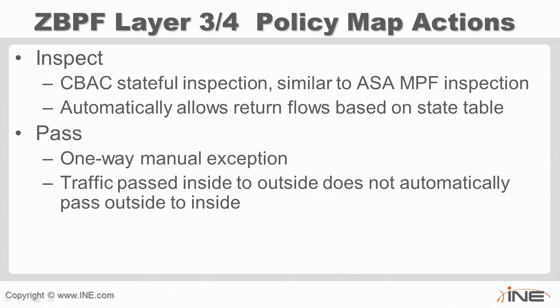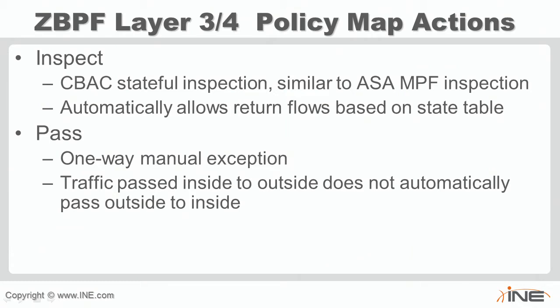Now we'll see when we actually look at the implementation of this, the reason that you may want to pass traffic as opposed to inspecting it is if the flow is some sort of non-standard application that the firewall, or the CBAC engine more specifically, doesn't actually have an inspection engine for. And one of the things we'll see, like we previously saw in the CBAC, is if we're trying to do a trace route through the zone-based firewall.